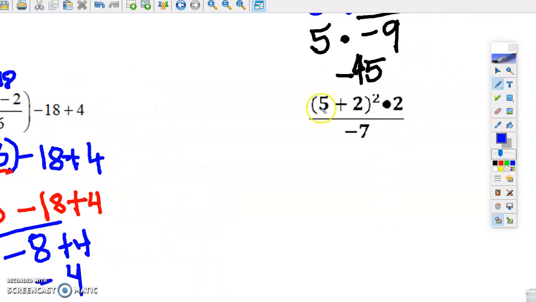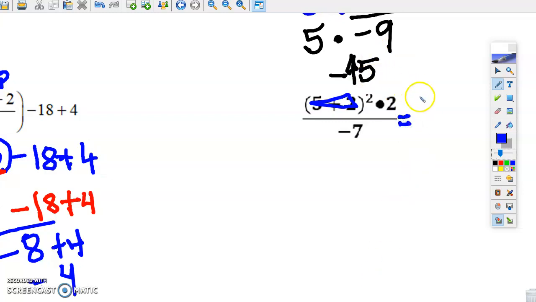Okay, last one. 5 plus 2, we're going to do the parentheses first. That gives me 7. And 7 squared, let's work this way. 7 to the power of 2 times 2 is on the top, divided by a -7 on bottom.